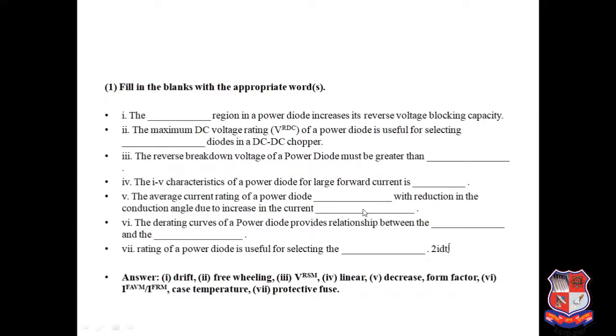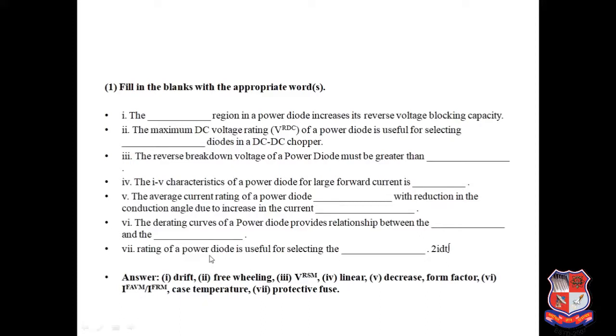The derating curves of a power diode provide the relation between two currents, I_F(AV) and I_F(RMS).